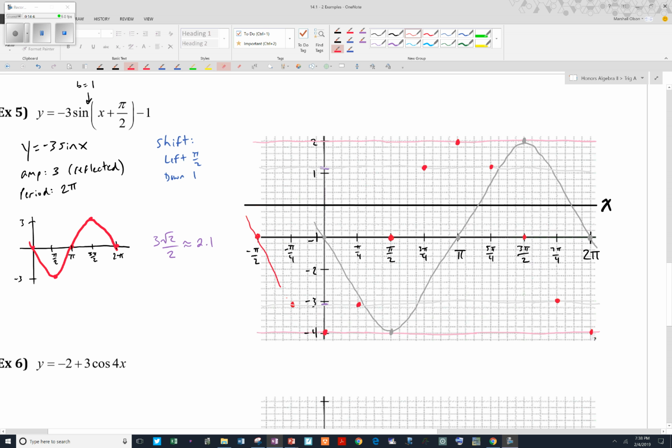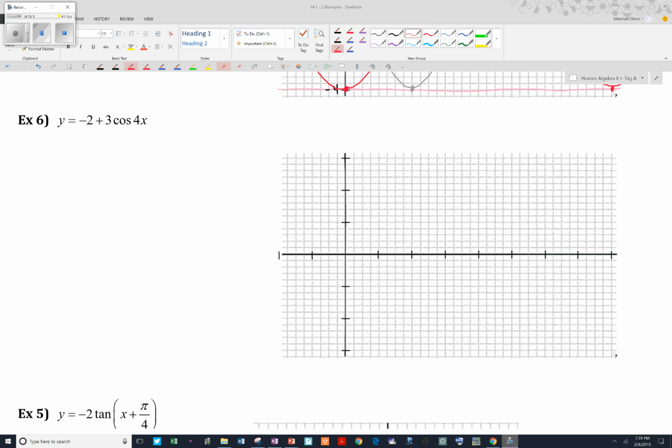And then get a really good idea of what this sine graph, negative sine graph is going to look like. So there's our graph shifted down 1 and shifted to the left pi over 2.